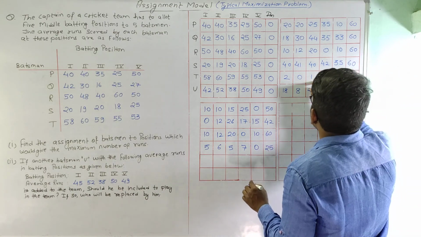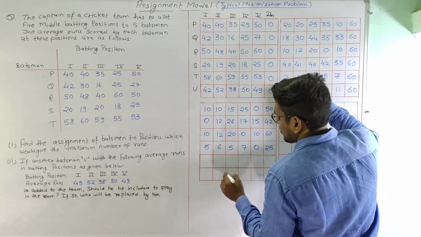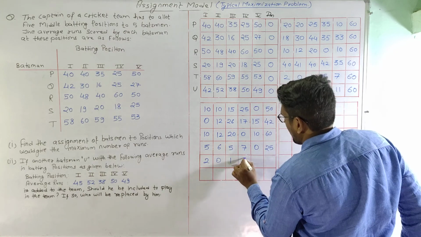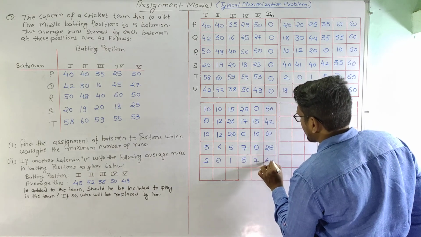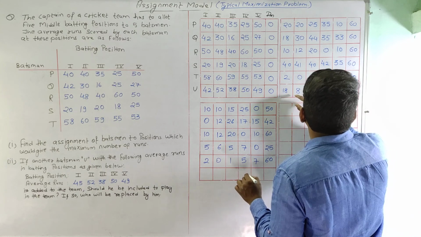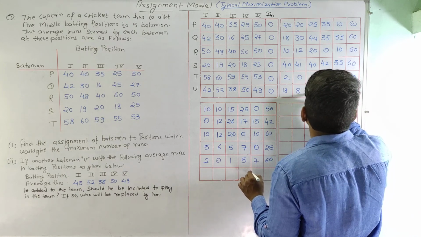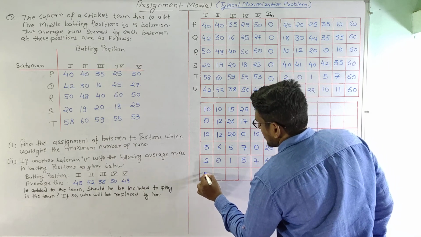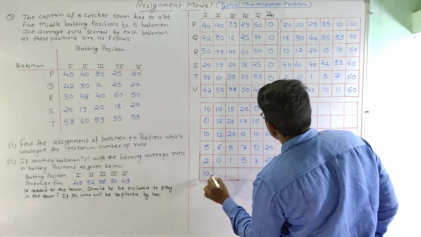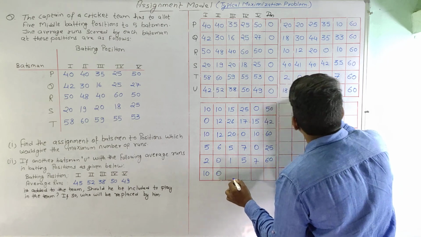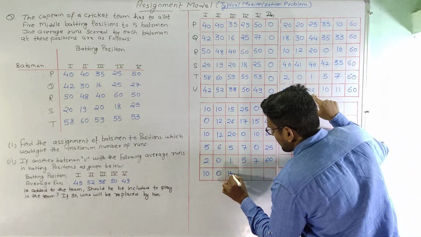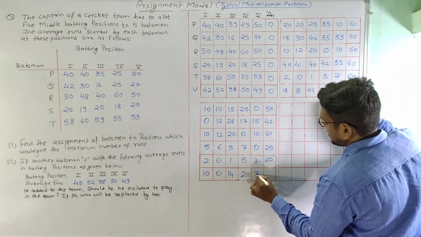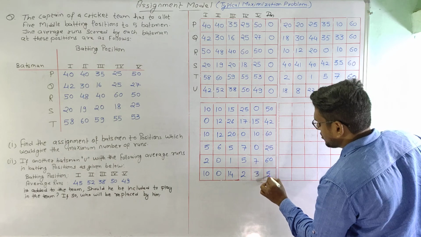Now for the next row, the minimum value here is 0, so this will remain as it is: 0, 1, 2, 0, 1, 5, 7 and 60. And for the last row, the minimum value here is 8. So 18 minus 8 is 10, 8 minus 8 is 0, 22 minus 8 is 14, 10 minus 8 is 2, 11 minus 8 is 3, and 60 minus 8 is 52.